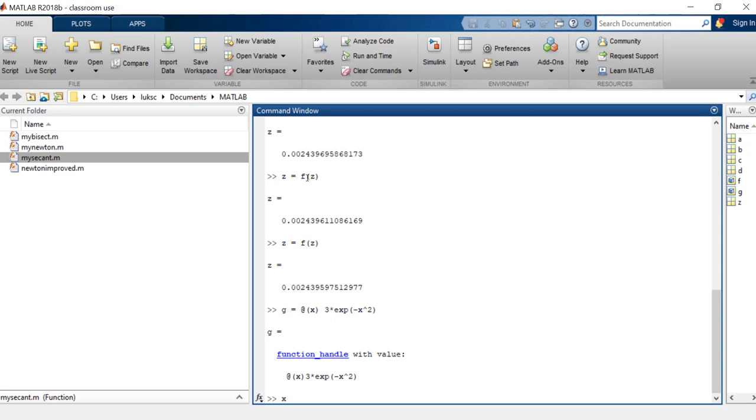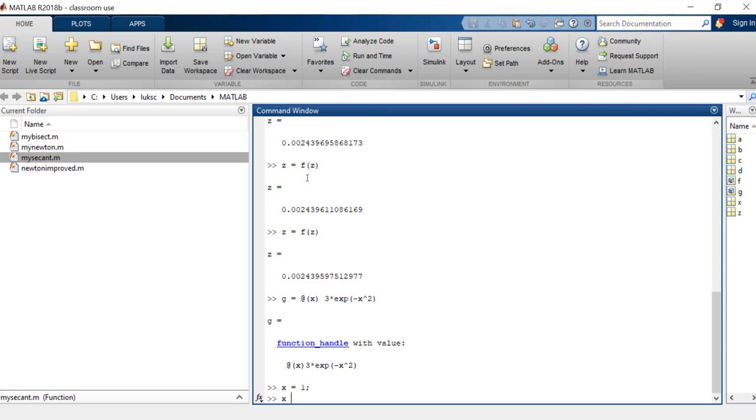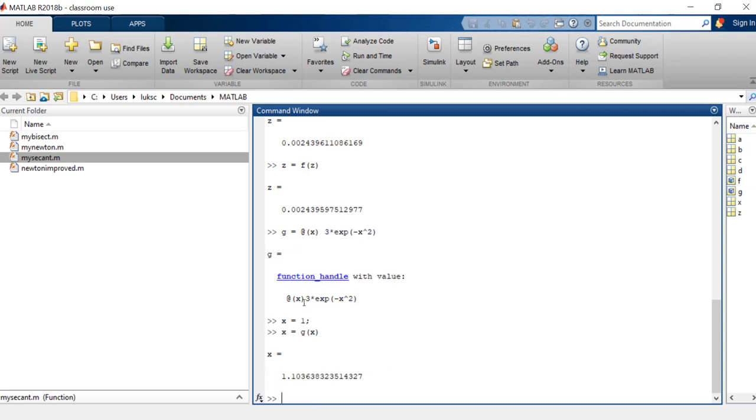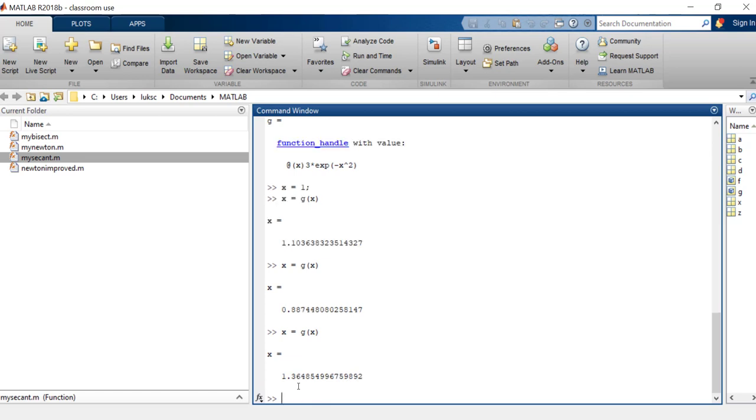I think I started with a value of x equals 1. And now x equals g of x. And we can see that this one is diverging.